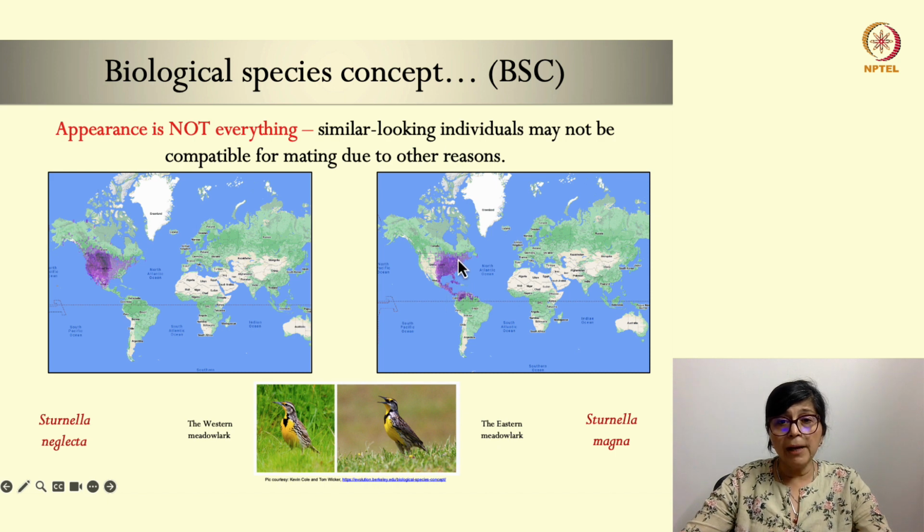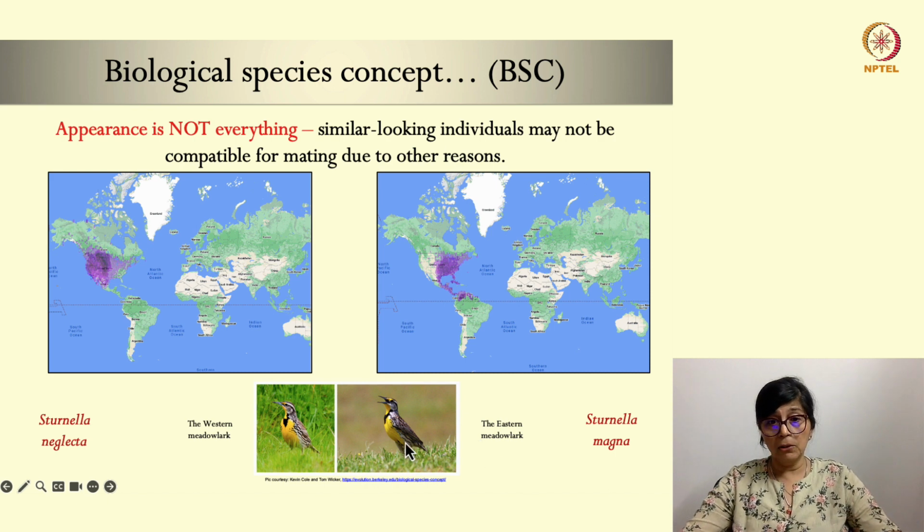But this is a very overlapping zone for both species. Why are they not breeding? They look similar, but they are not breeding. What is actually happening there?